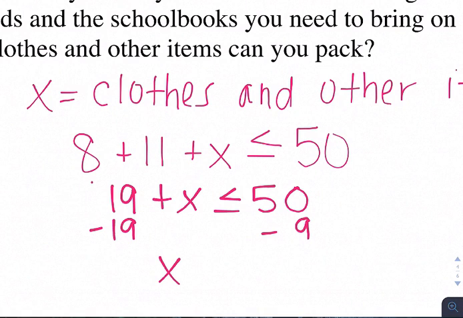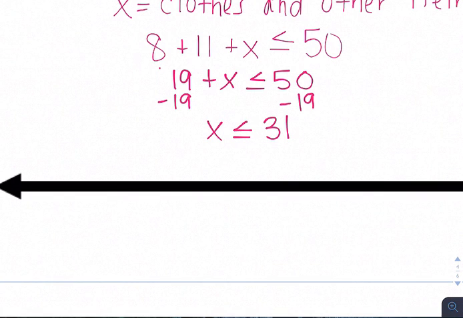So if we take away 19 from 50, x is going to have to be less than or equal to 31. So my clothes and other items needs to be less than or equal to 31 pounds.